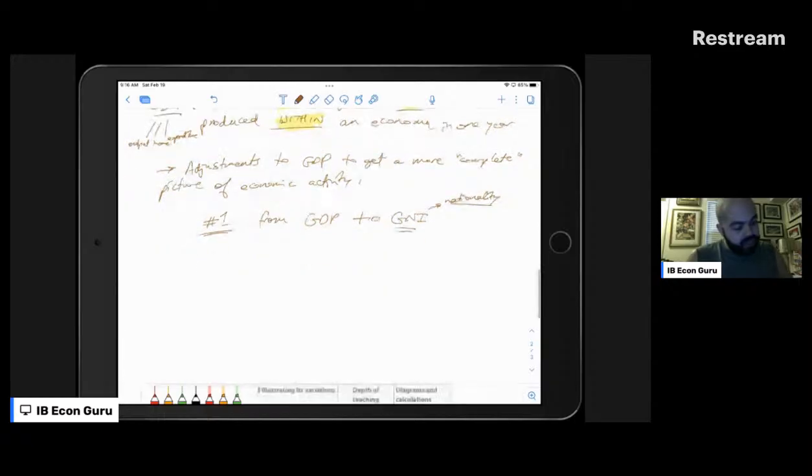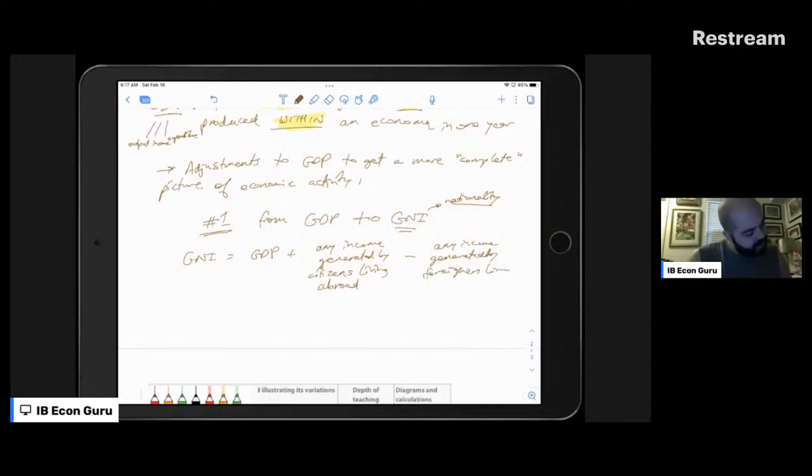So GNI is equal to GDP, and then you add any income generated by citizens living abroad, and you subtract any income generated by foreigners living in the country.